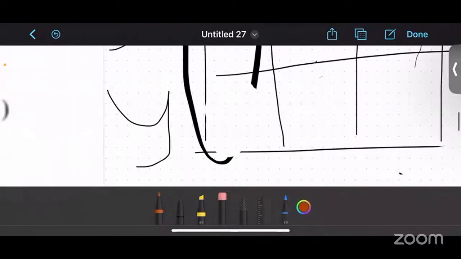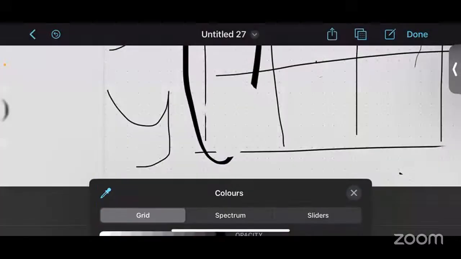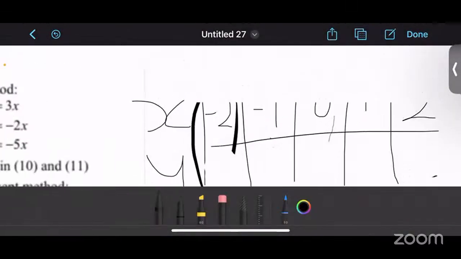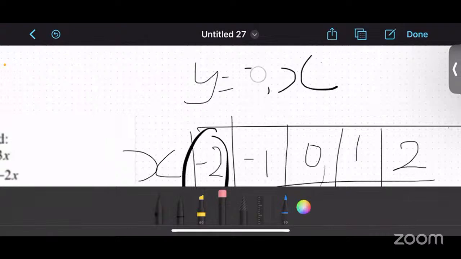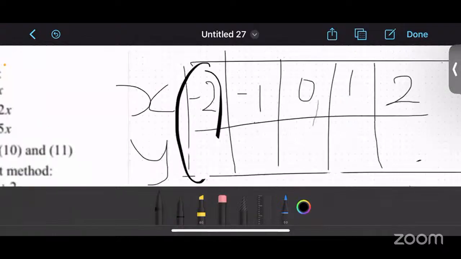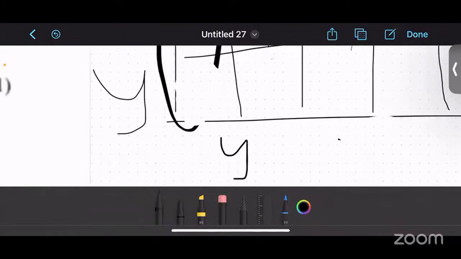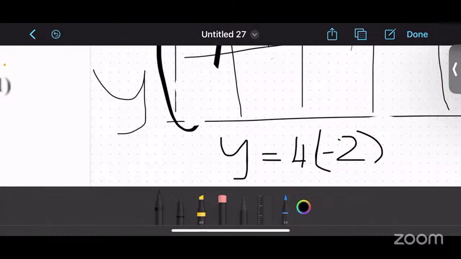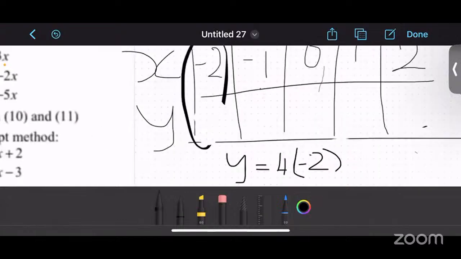Okay, so we have your y values. Let me replace the 3 with a 4. So y is equal to 4x. So we're going to substitute x is equal to minus 2, and you said you got minus 8, so that means your y value is going to be minus 8.